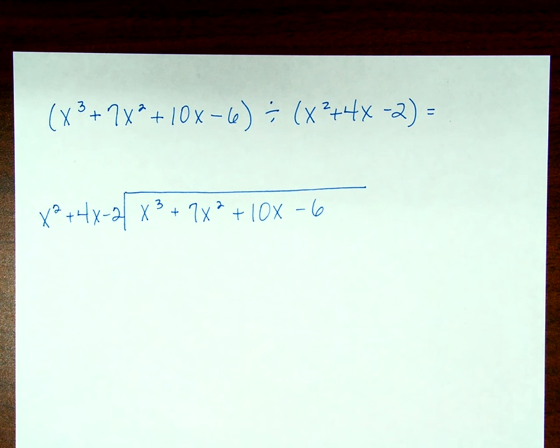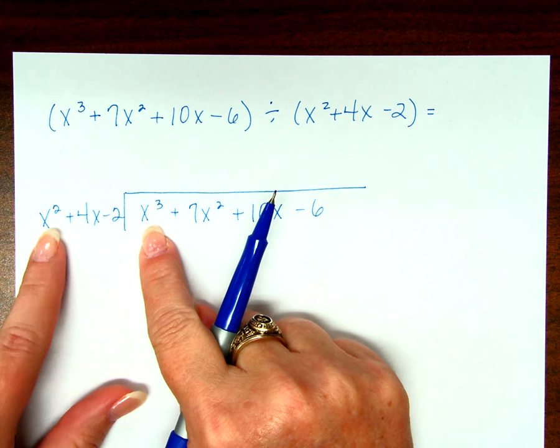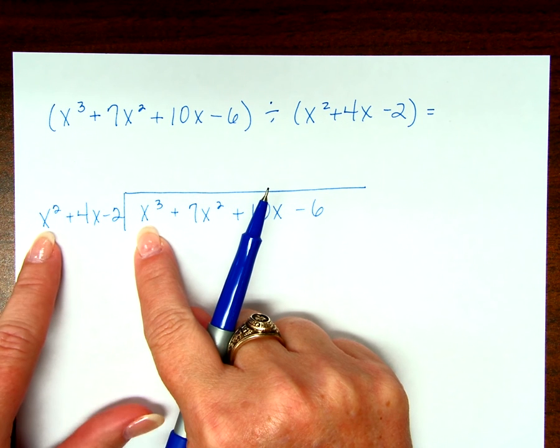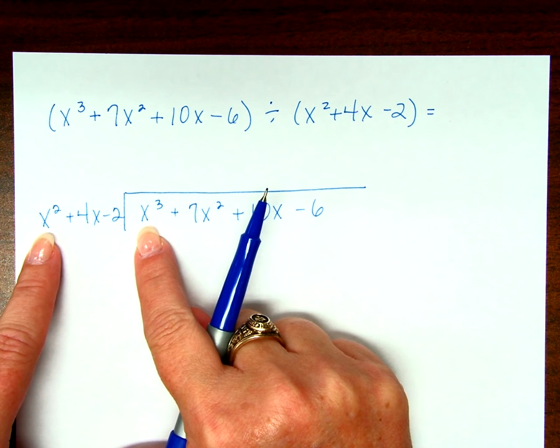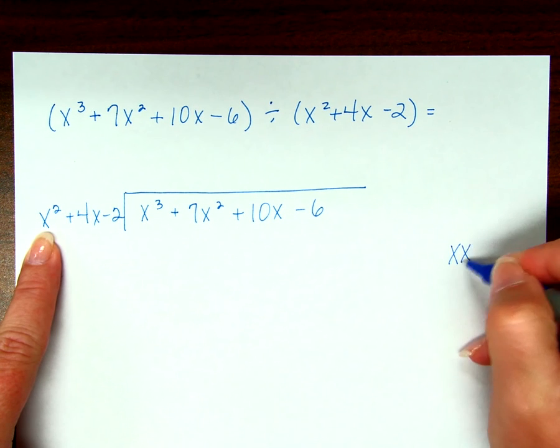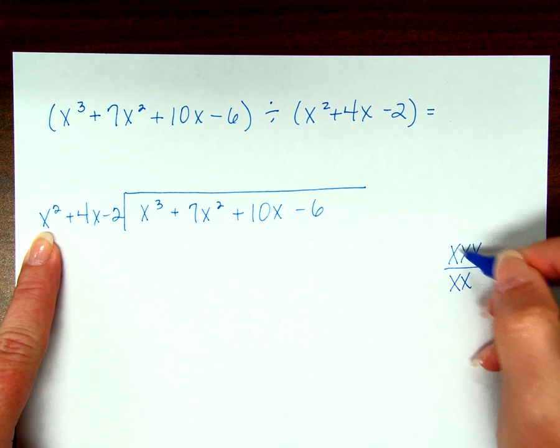Where do we start? So divide the first term by the first term. What do you get? X cubed divided by x squared.